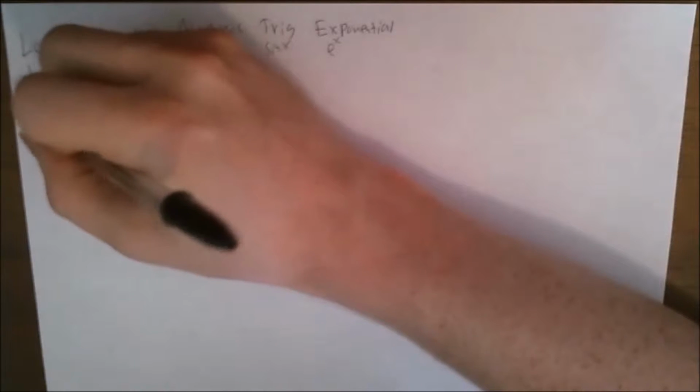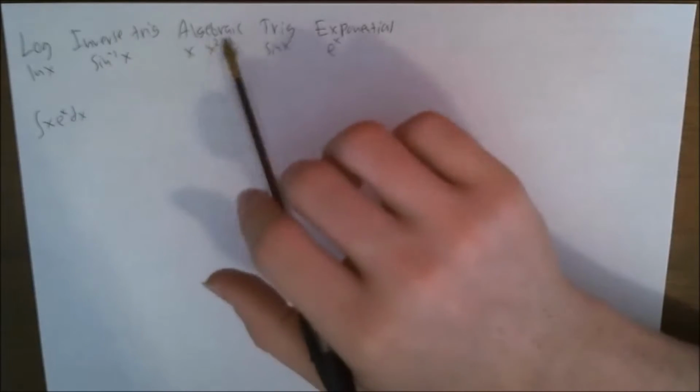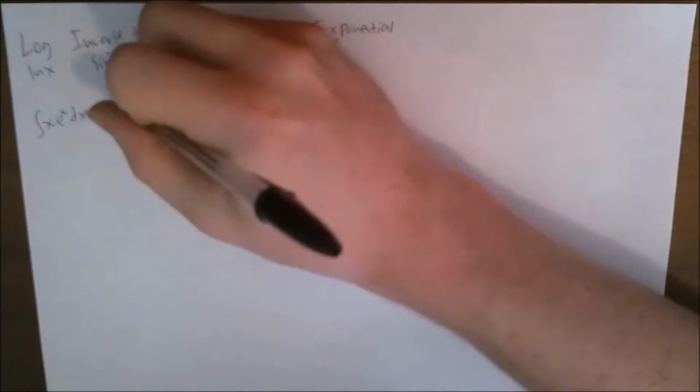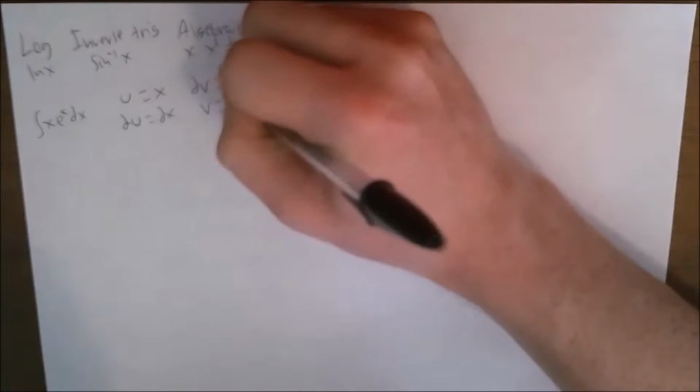So let's say you want to integrate x e to the x. Now you look through this: log, don't have any logs, inverse trig, don't have any inverse trig, algebraic, oh, there it is. So u equals x, du, you just take the derivative of this, equals dx, and then dv is the other term, so dv is e to the x, and v is e to the x.